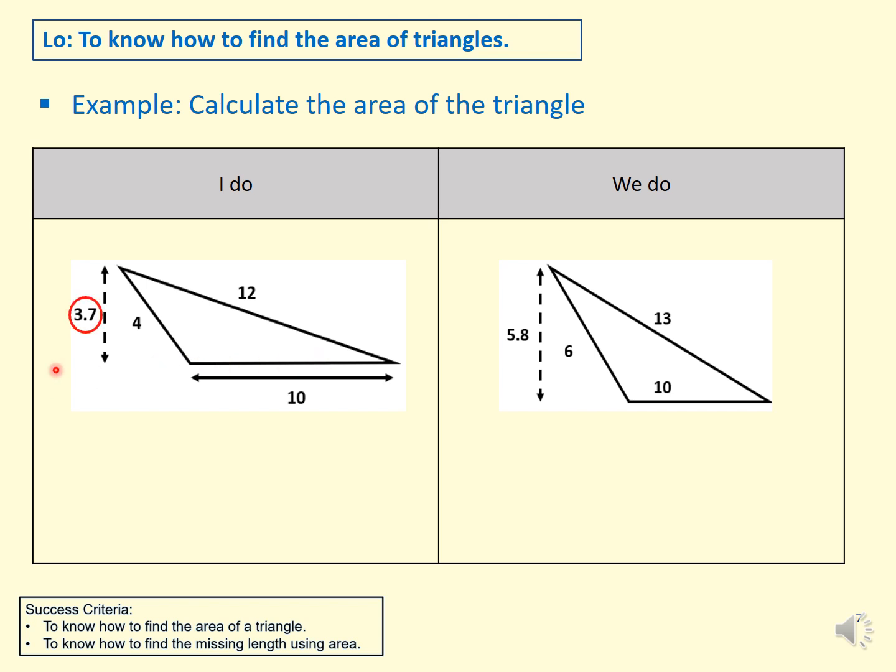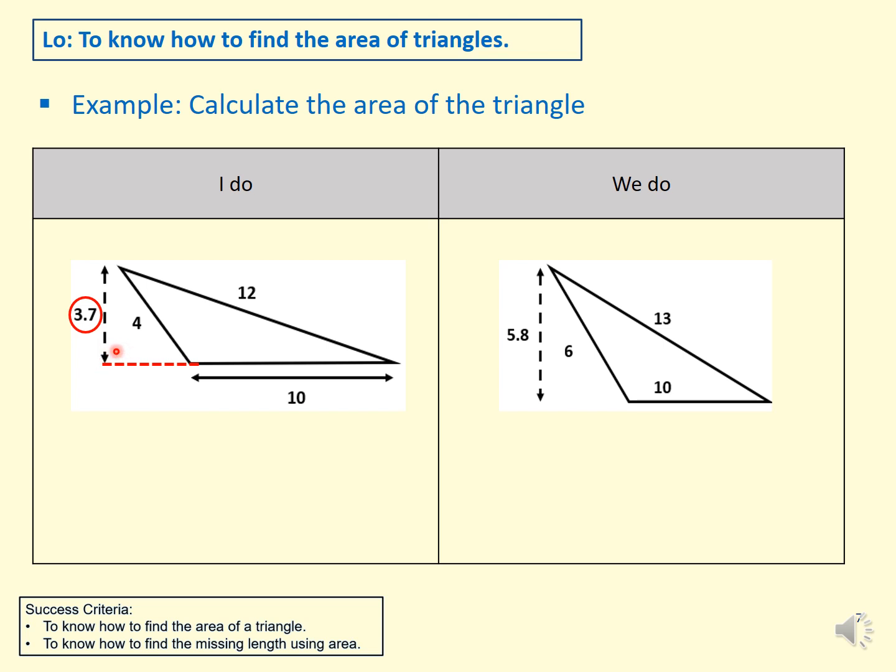Because I'm sure this is the perpendicular height, I use this one. If I extend this length in here, you can see you have the angle of 90 degrees in here. So I just extended the base to make sure, yes, I have a 90 degree angle.